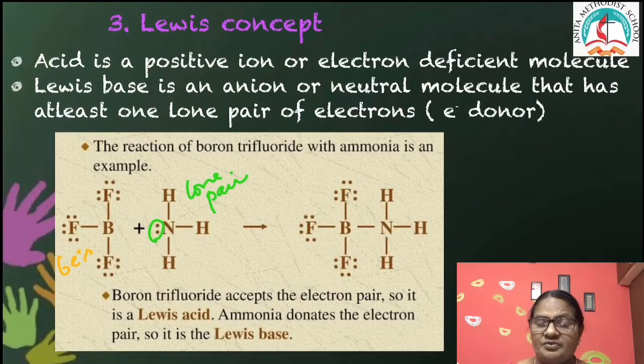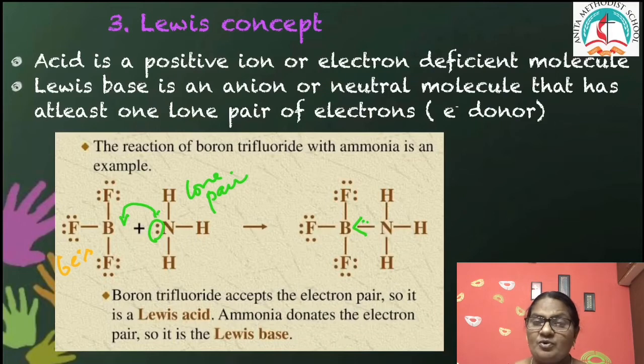So what does it do? We know every covalent bond is made up of what? 2 electrons. Ammonia donates both the electrons to BF3 to form a bond. It does not completely give them away, but it just shares the electrons to form a bond. And here we can see a bond is formed. So here actually what is happening? This type of bond is usually called a coordinate bond.